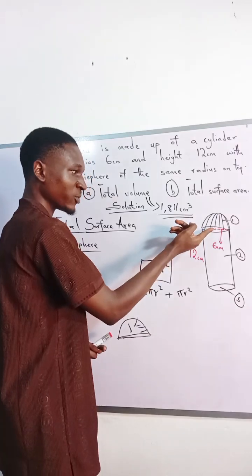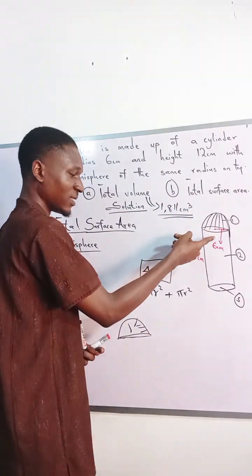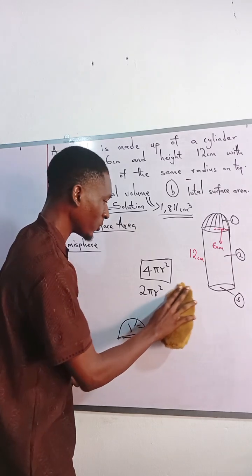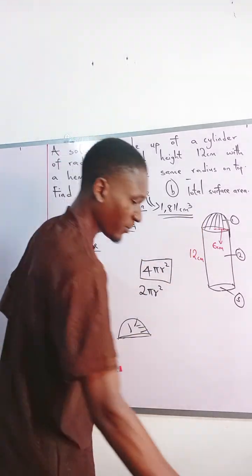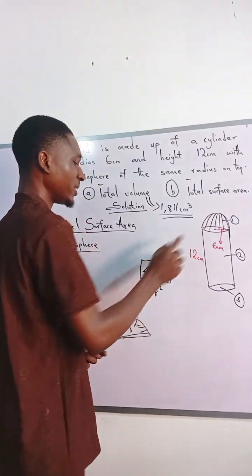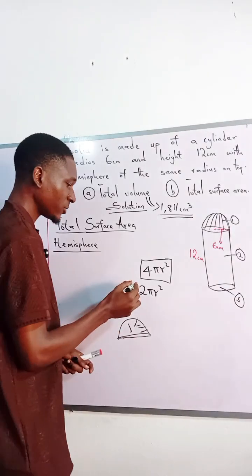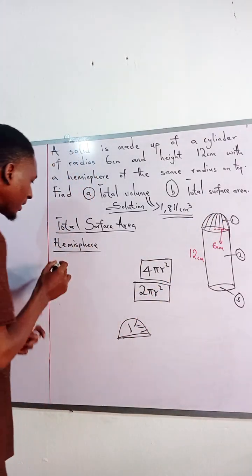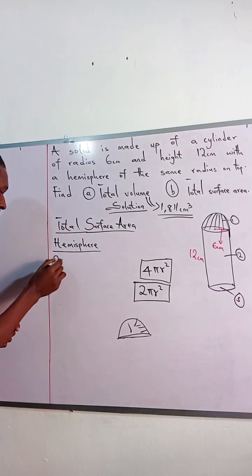You observe, it has been enclosed inside the cylinder. Therefore, we are not going to add this pi r square over here because that part of the hemisphere is not exposed. We are only going to use this 2 pi r square for the exposed part.